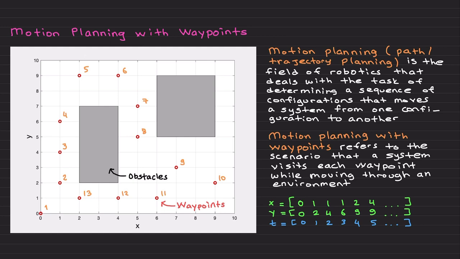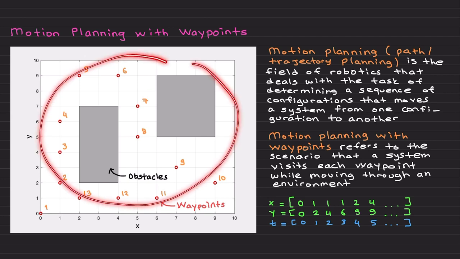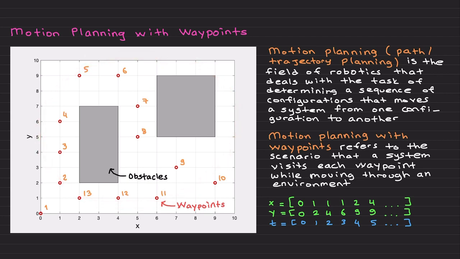So basically, here, when we talk about motion planning or path trajectory planning, I would like to define it. It is the field of robotics that deals with the task of determining a sequence of configurations that moves a system from one configuration to another, right? So we would like to move our robot, in this case, in the two-dimensional case. You can do the three-dimensional case as well.